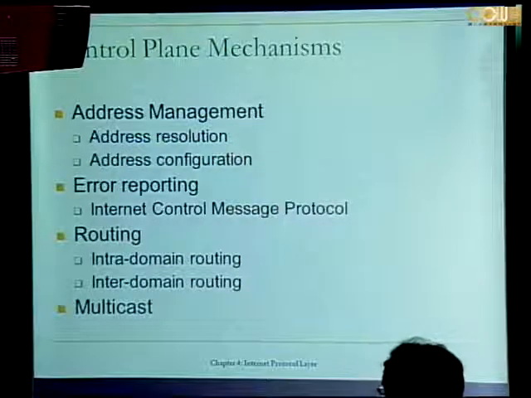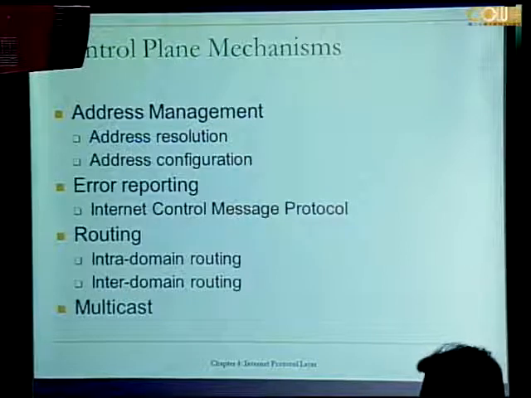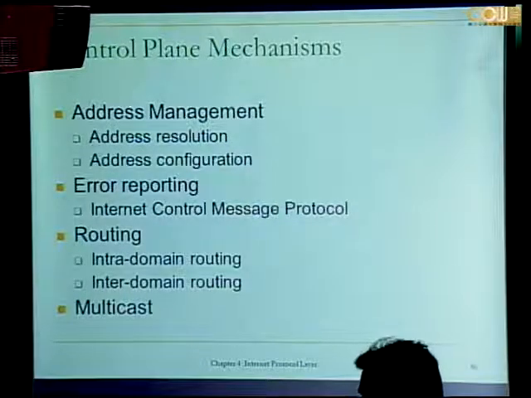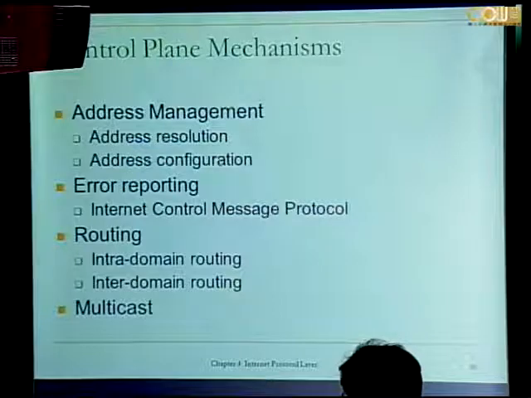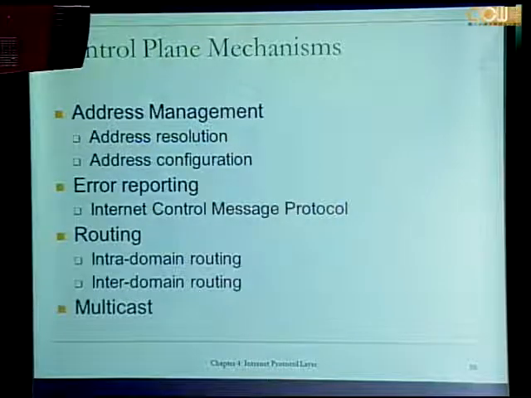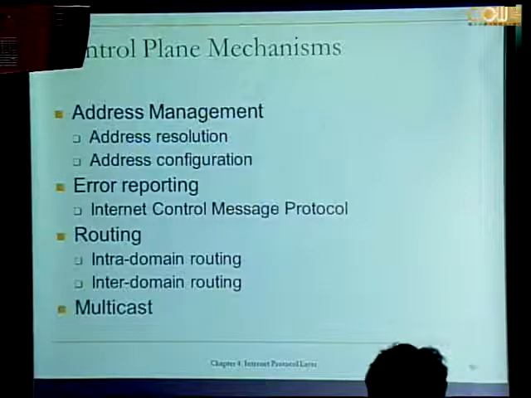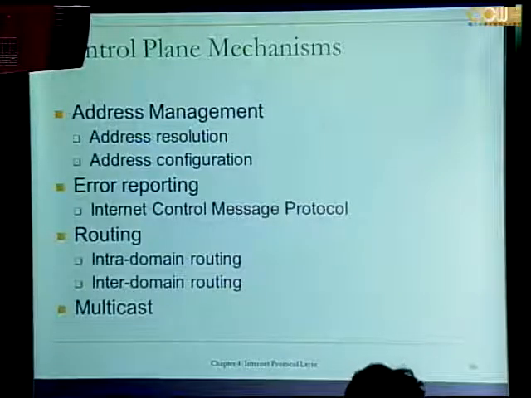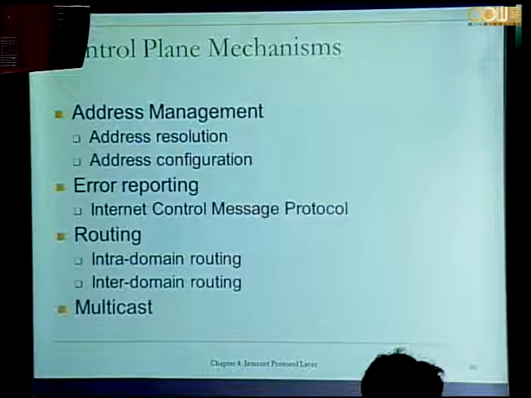For unicast routing, it is divided into intra-domain routing and inter-domain routing, that is, within a domain or between domains. The data plane, IPv4 and IPv6, is implemented in the kernel. In Linux, they are implemented in the kernel.